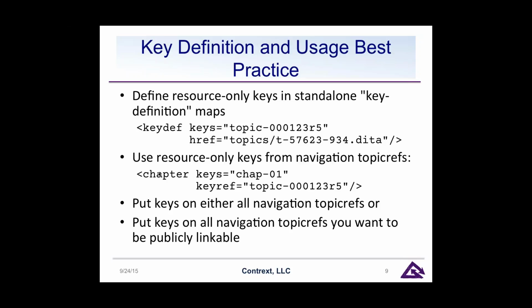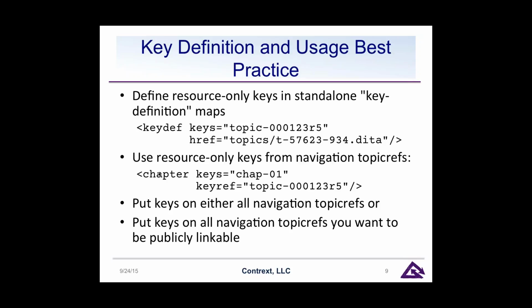So by choosing where you put your keys on your navigation topic refs, you can control what anchors are public and what anchors are not public. Public in the sense of these are things that I'm making available to the readers of my content as published, asserting that these are things they can use reliably.